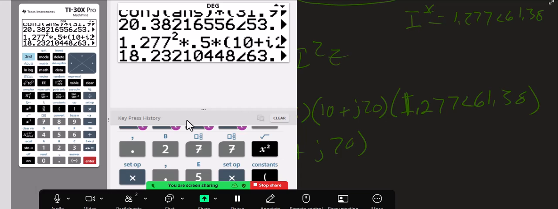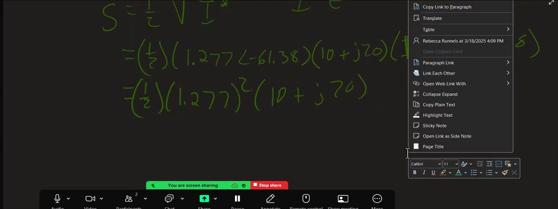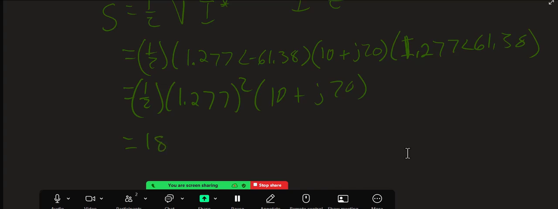So 18.23 angle 63.43. And what units is this? VA. So that is our complex power. Our apparent power is just the magnitude, 18.24 VA.